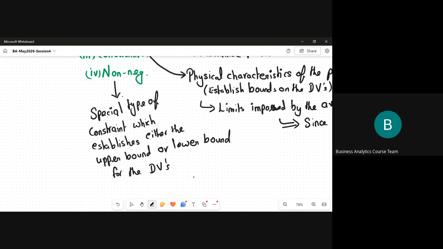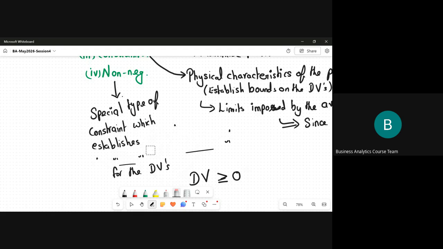Because this non-negative constraint is always like a particular DV is greater than or equal to 0. So this could either be the upper bound or lower bound based on what you are trying to solve, right? Or in fact, let's not even go to that level. It's always going to establish the lower bound for the DV in our case.